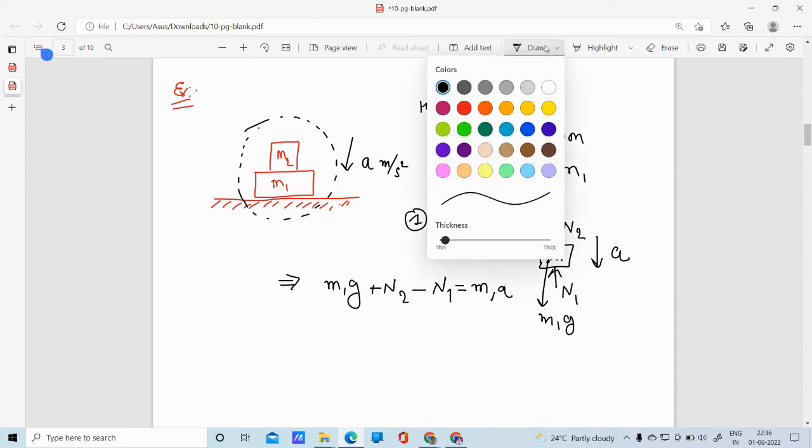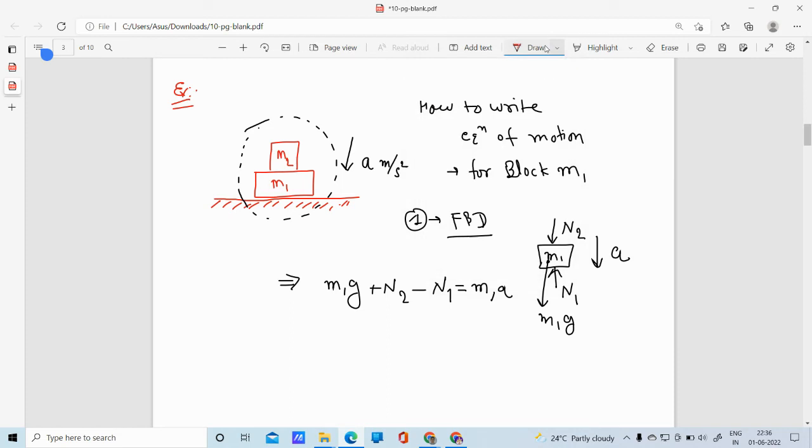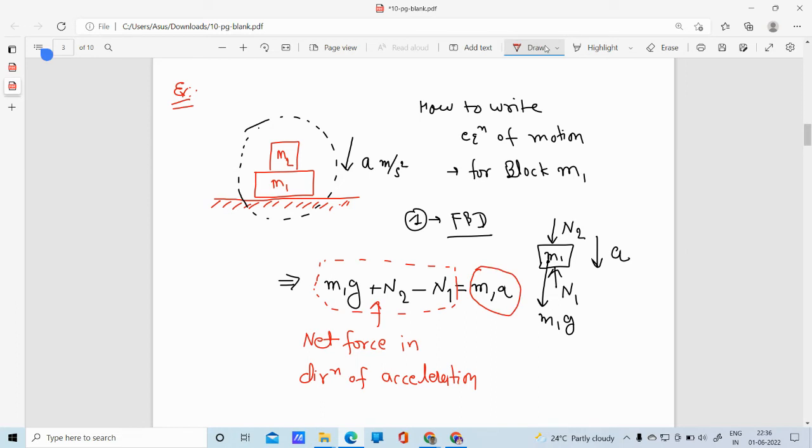So important thing is that this part is net force in the direction of acceleration, and this part is force due to acceleration on block.